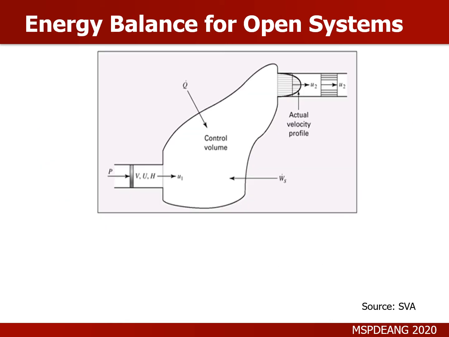Now for the energy balance for open systems, let's start with the general balance equation. Accumulation is equal to in minus out plus generation. So we know that energy cannot be generated inside, so generation should be equal to 0. Energy will just flow in and out of our control volume.